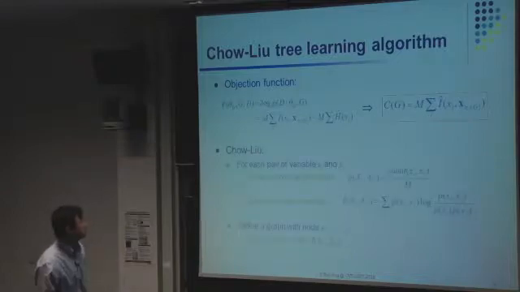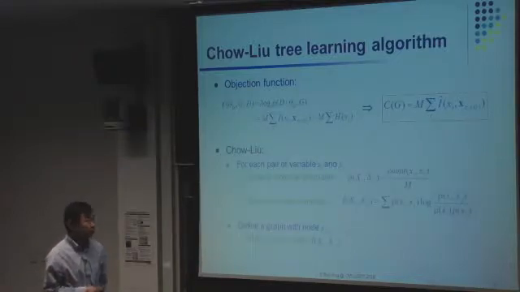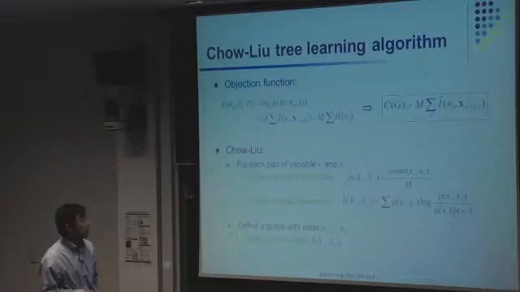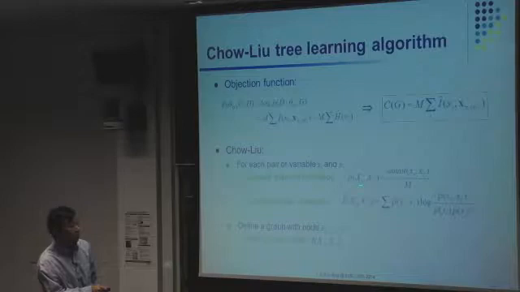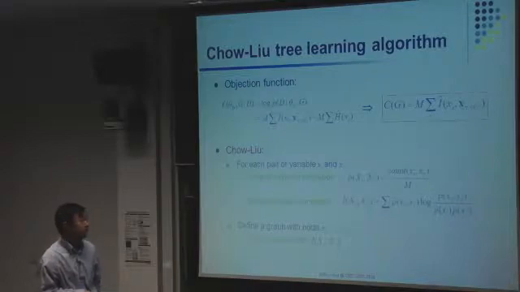And that comes to the Chow-Liu algorithm. First, Chow-Liu assumes that we only care about a tree structure. Therefore, every node has only one parent. So you have this reduction that this can be written as a mutual information between any pair of nodes.